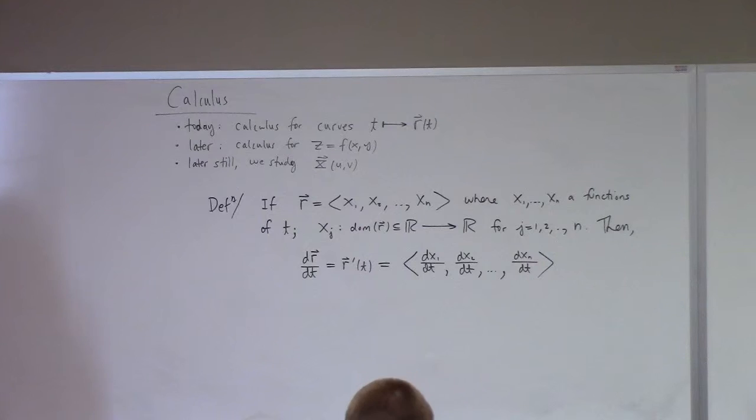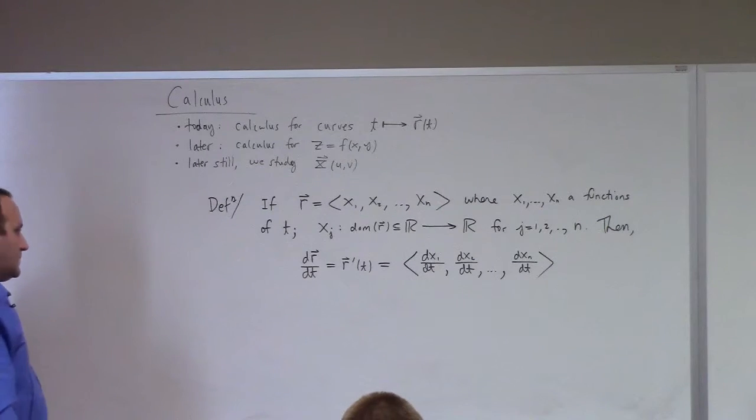In other words, to differentiate a vector-valued function of a real variable, we simply differentiate component-wise. The first component, then the second component, all the way out to the nth component. Simple as that.